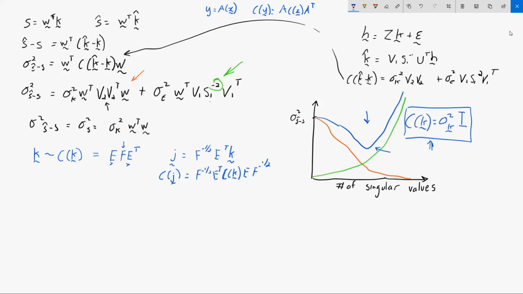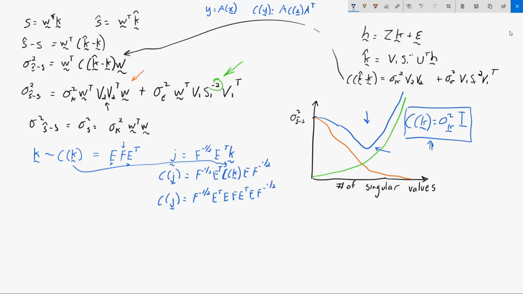If I substitute that into there, I obtain the covariance matrix of J equals F to the minus a half E transpose E F E transpose E F to the minus a half.